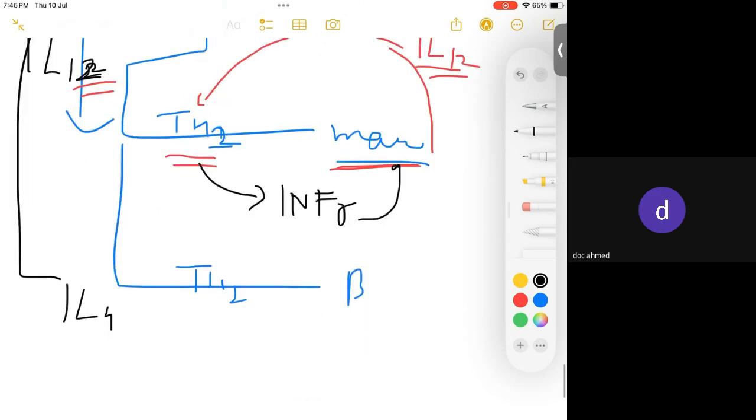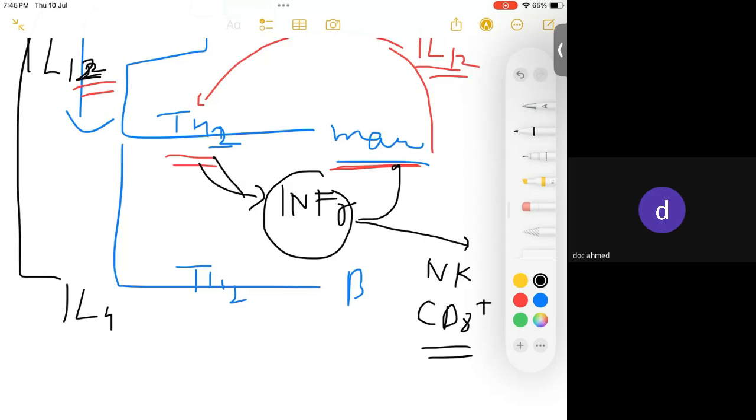But interferon gamma is also going to go to other sites, activating your natural killer cells and CD8 positive cells. Is this concept clear? It means interferon gamma is coming from TH1, right?